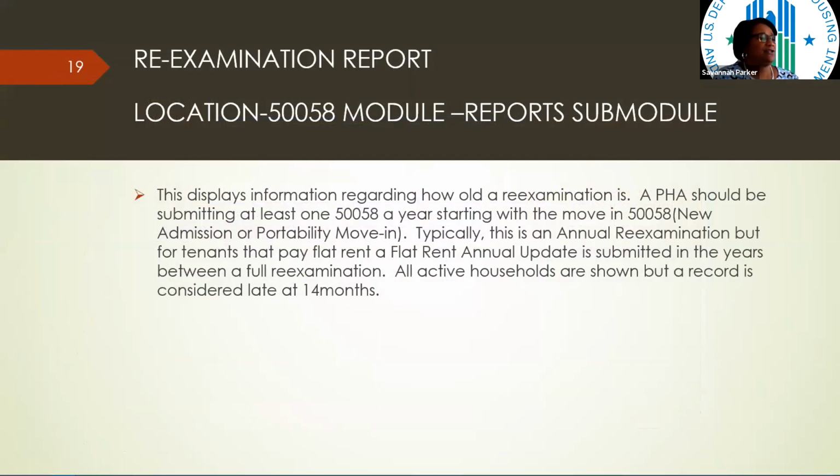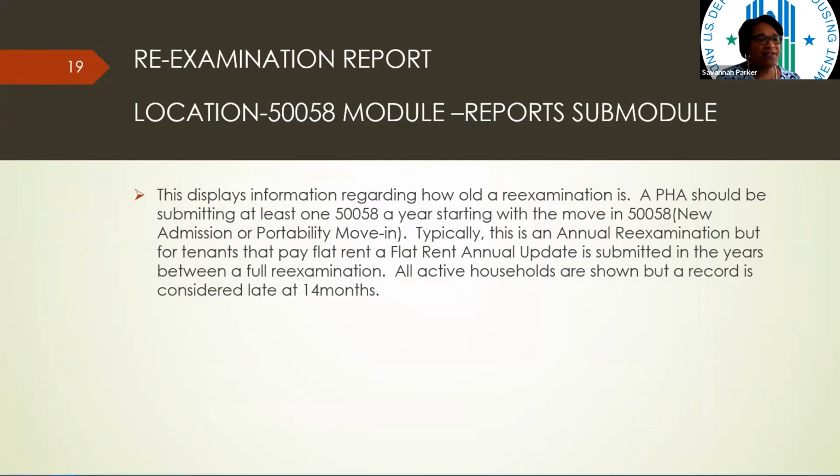Okay, the reexamination report. The reexamination report, like I say, will actually give you a list of your tenants, all of the households, and it ranks them by the most delinquent up to the most current.